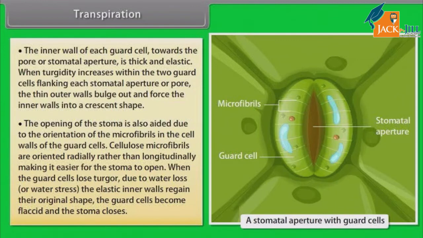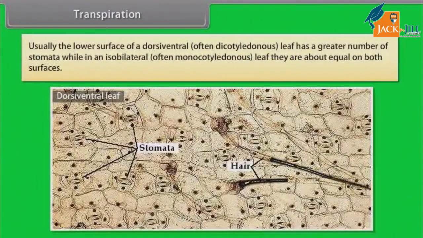The guard cells become flaccid and the stoma closes. Usually the lower surface of a dorsiventral or often dicotyledonous leaf has a greater number of stomata, while in an isobilateral or often monocotyledonous leaf, they are about equal on both surfaces.